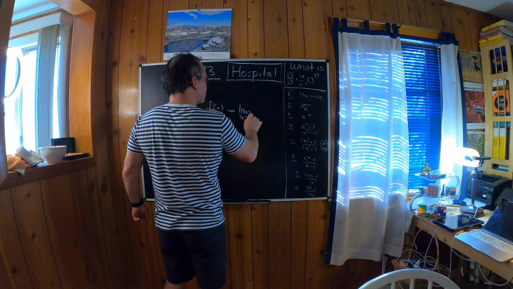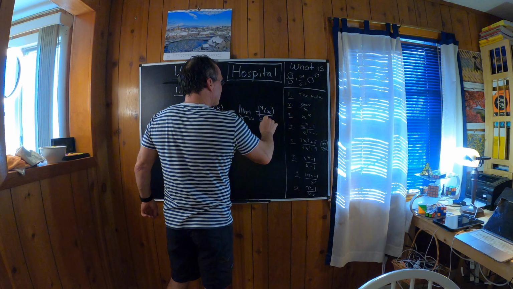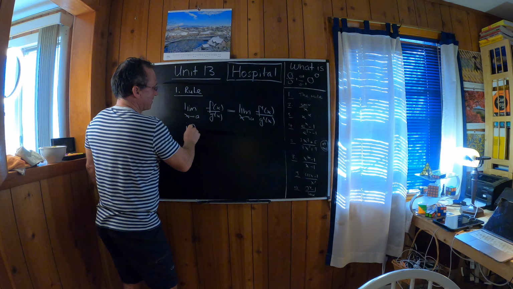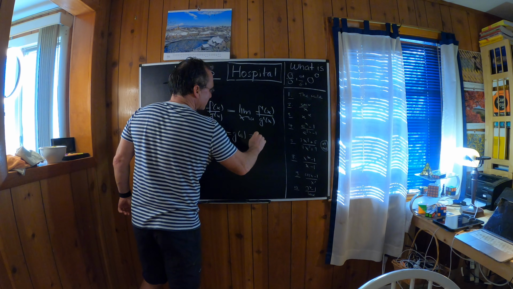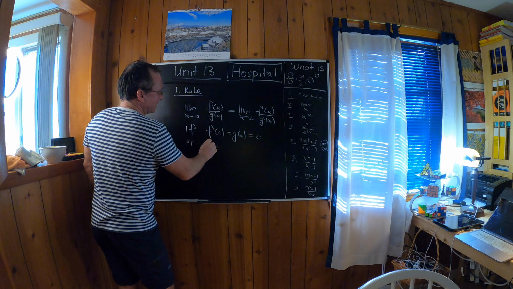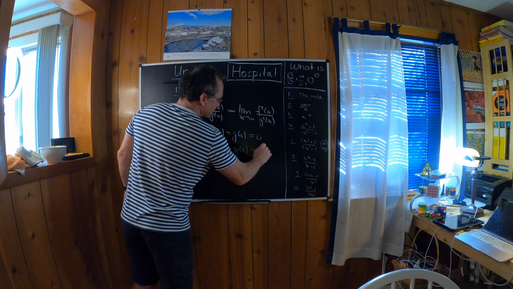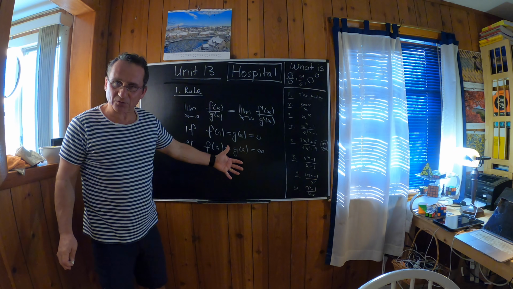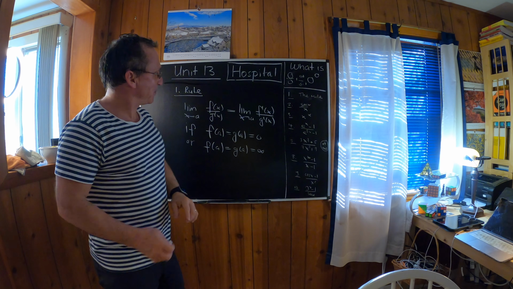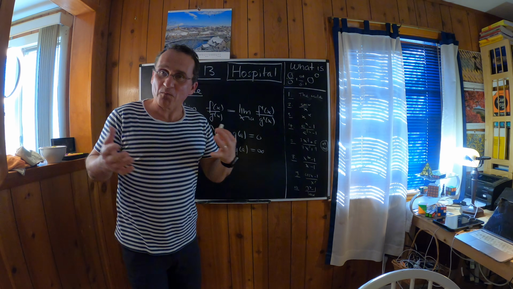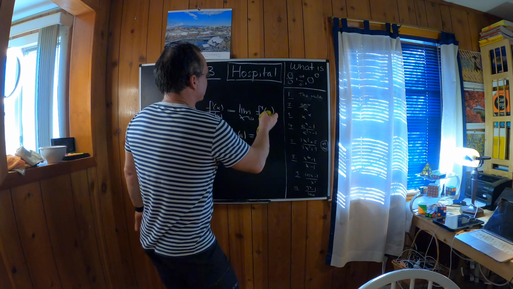So x goes to a, f prime of x over g prime of x, if f of a is equal to g of a is equal to 0, or if f of a is equal to g of a is equal to infinity. So this is the rule, a very simple rule. We differentiate the top, we differentiate the bottom, and we get hopefully an answer. Sometimes we have to do it several times.